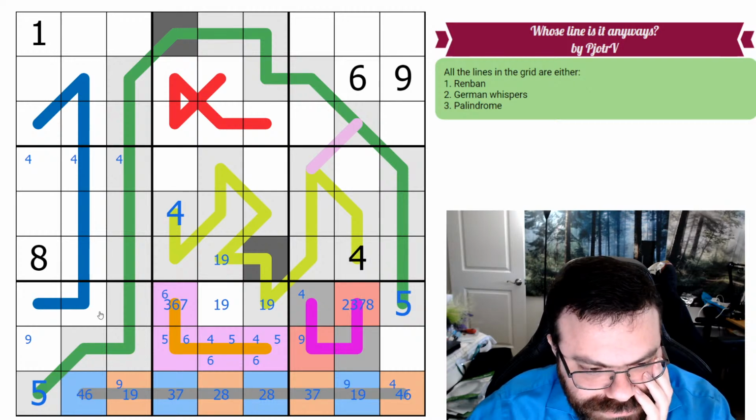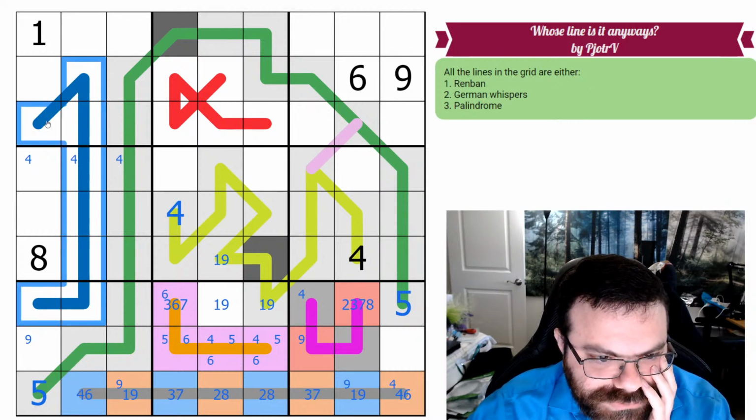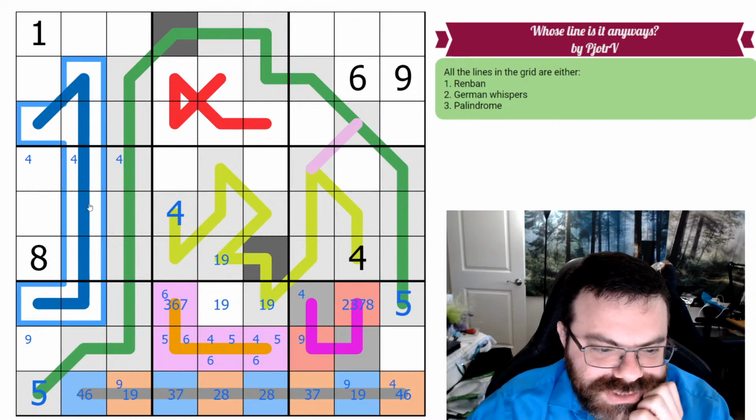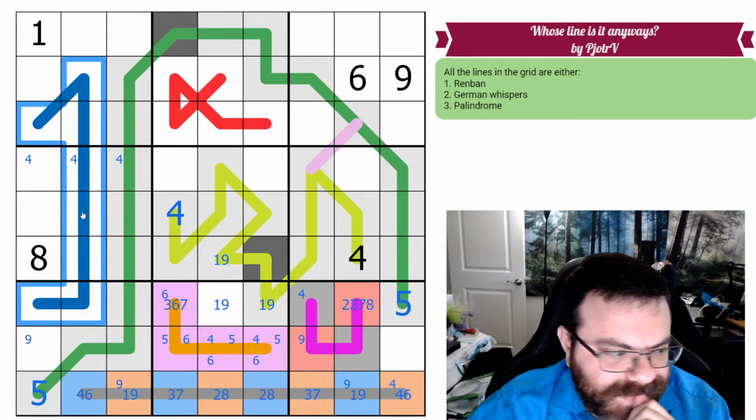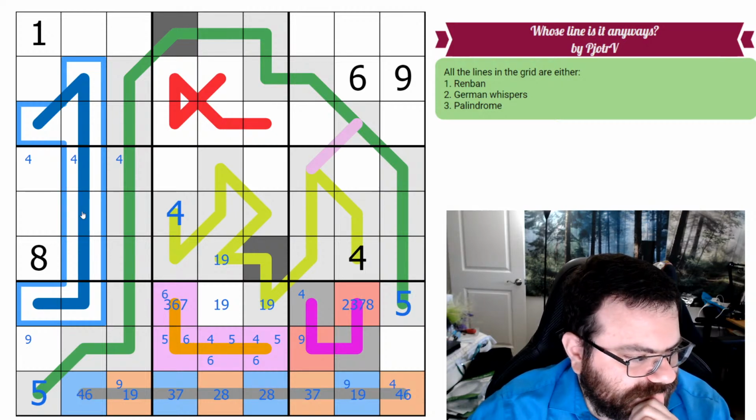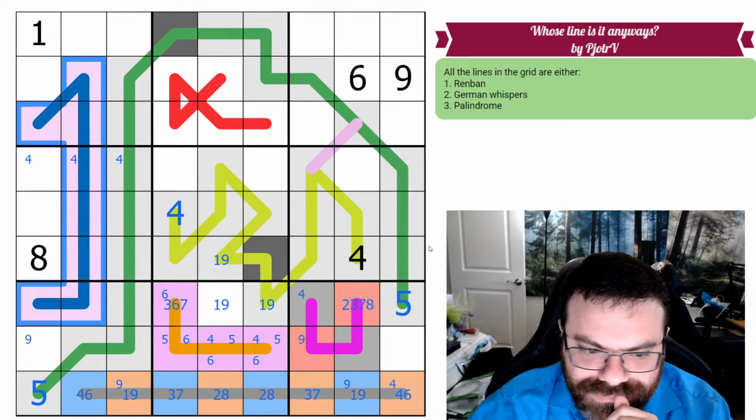So this is a Renban. It's an 8 long Renban, so it's only missing a 1 or a 9. Let's mark that purple.